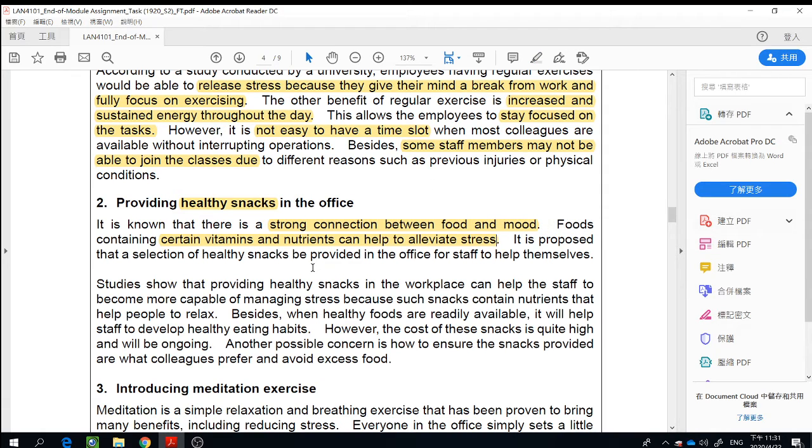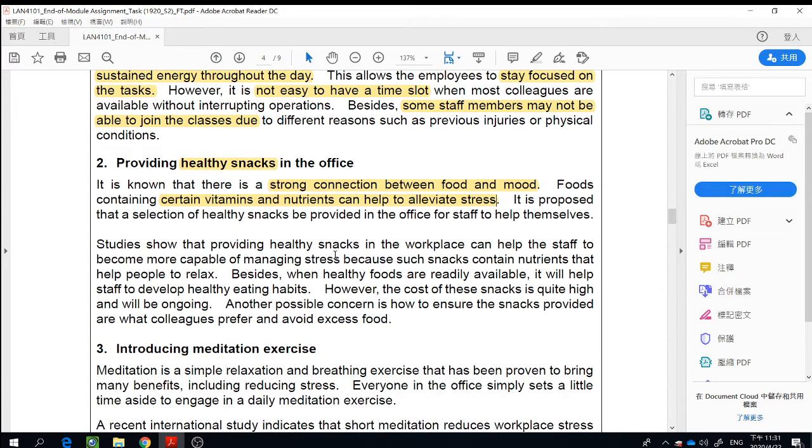So it is proposed that healthy snacks be provided. And then what are the benefits? The healthy snacks can help the staff to become more capable of managing stress. All right. This is benefit number one. And then it will help staff develop healthy eating habits.